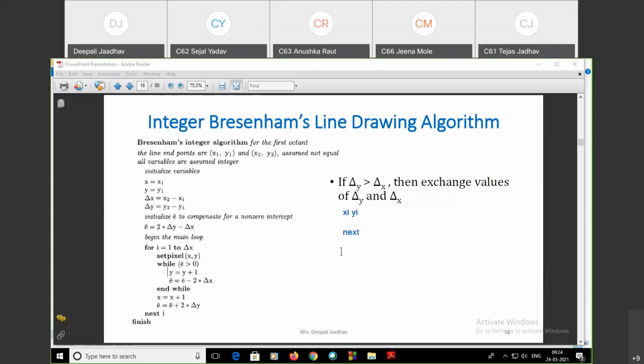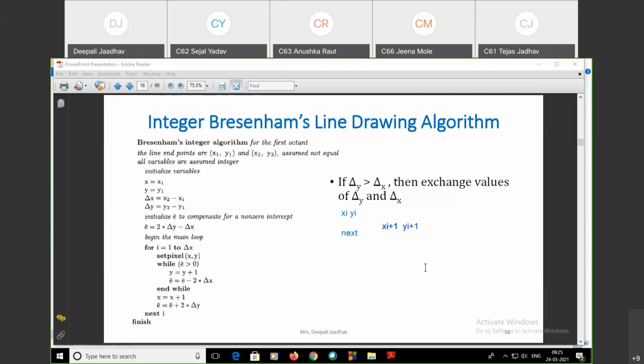If the error term is positive, the next one is xi plus 1 and yi plus 1. But if it is not positive, if it is negative, then y is not incremented.